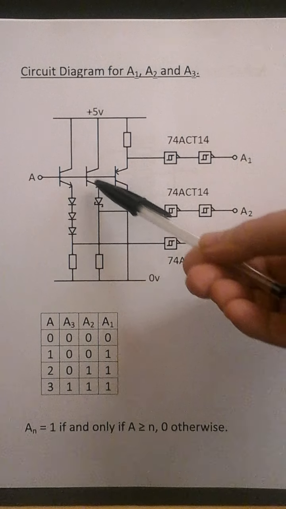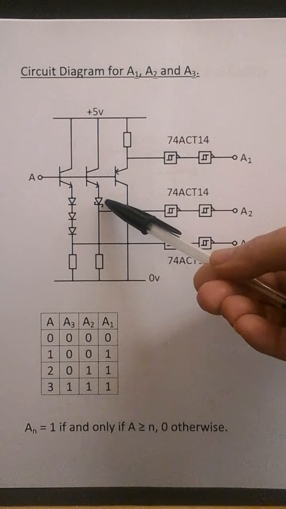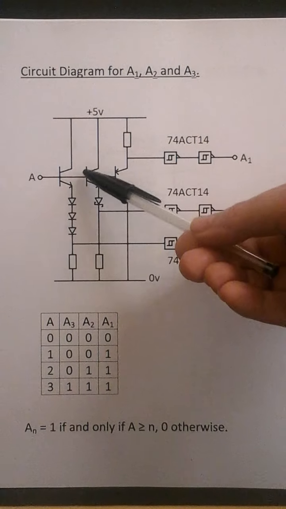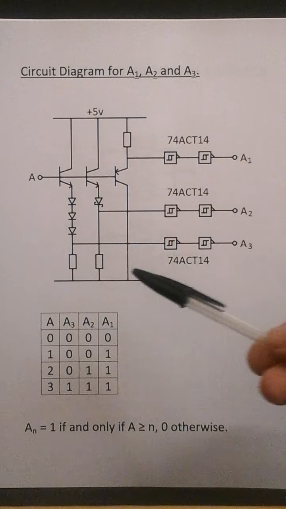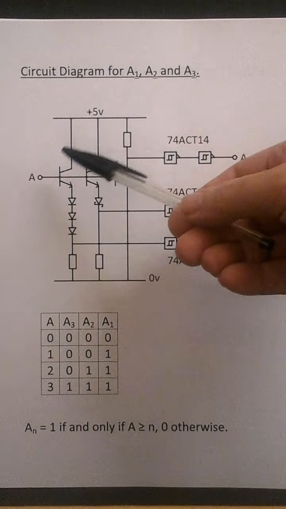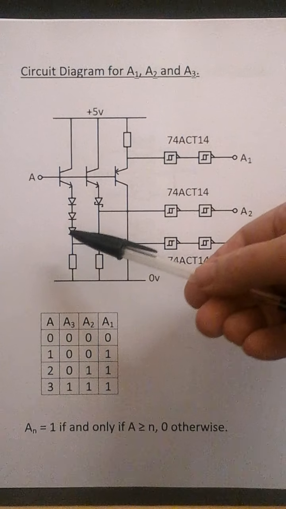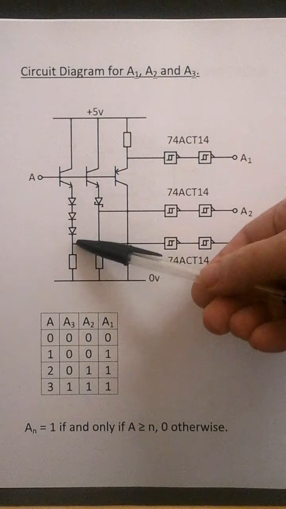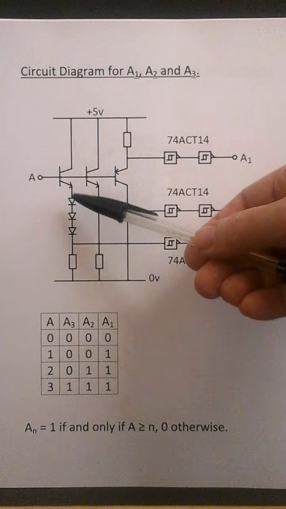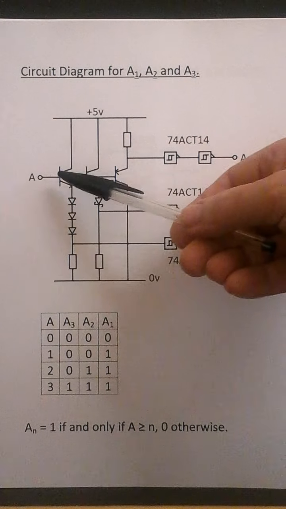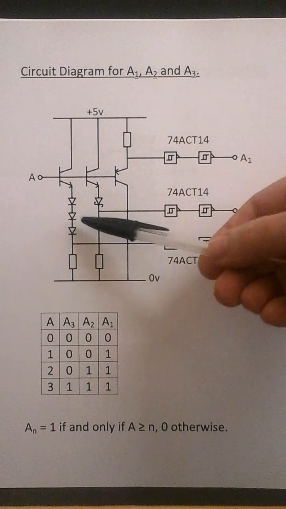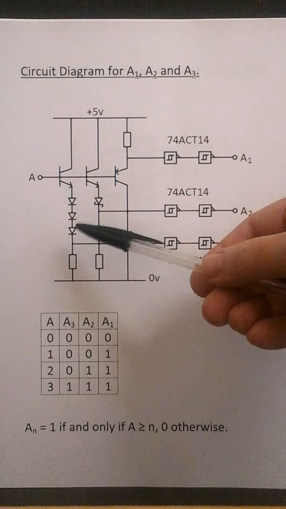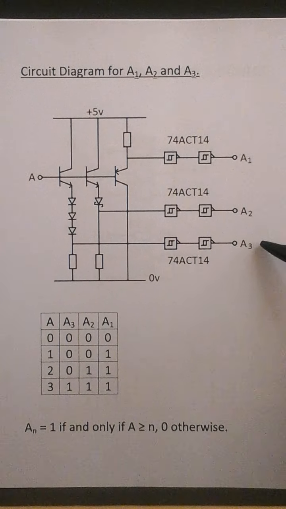There's a Schottky diode there to give 0.7 plus 0.3, which is 1 volt. And A3 is shifted up 2.8 volts. These three silicon diodes give 0.7 volts each, and the base emitter voltage there is 0.7 volts. So that gives a total of 2.8 volts, and that's A3.